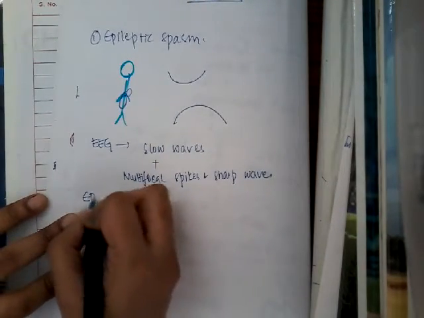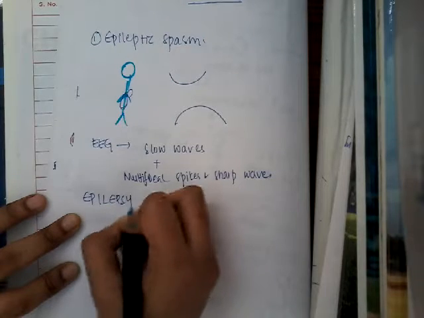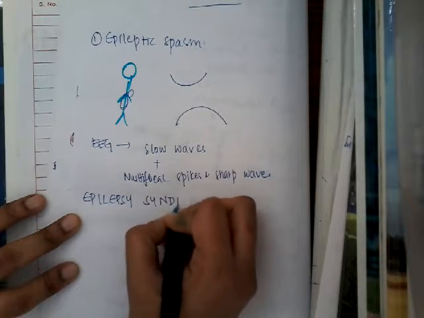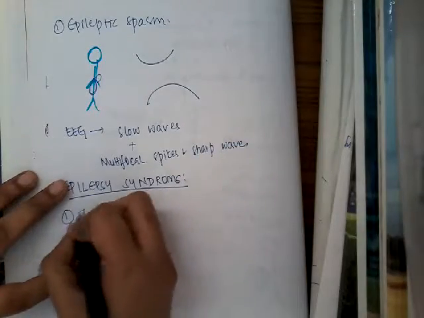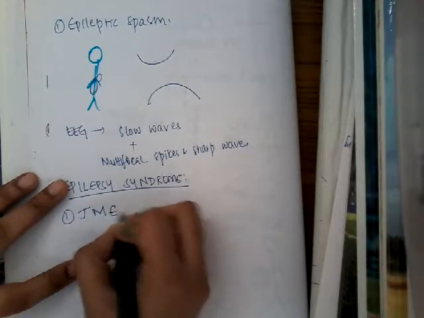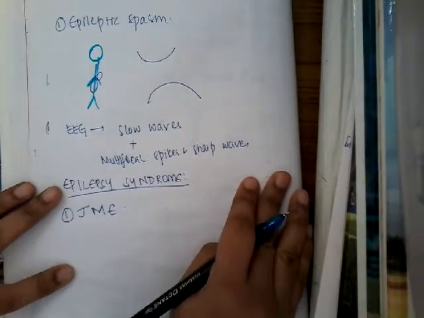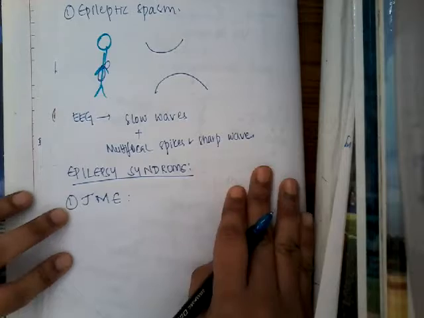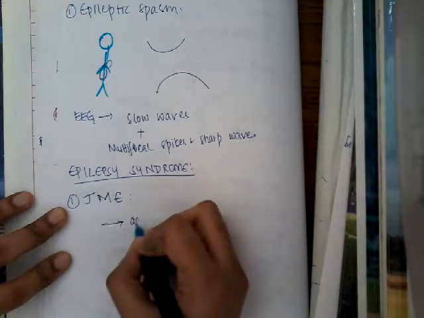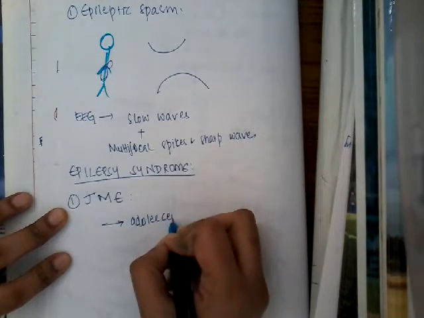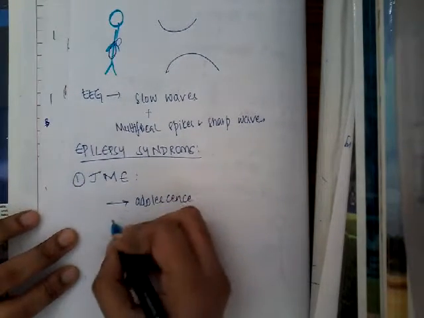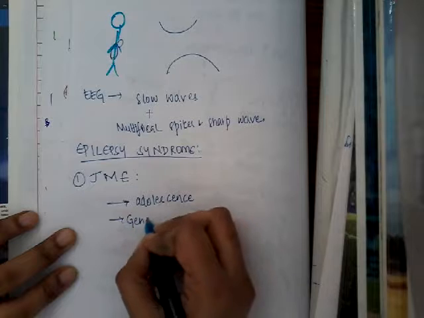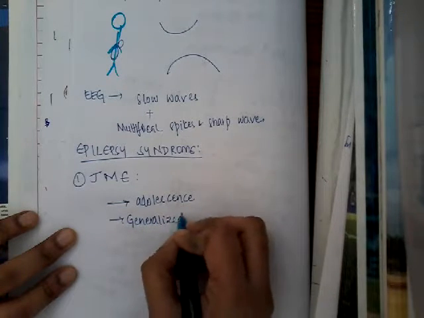And now let us learn about epilepsy syndromes. These are important for multiple choice questions, in fact. The first epilepsy syndrome is juvenile myoclonic epilepsy, which is JME. It is most common in early adolescence, and this is a generalized seizure, in fact, and the cause is unknown.